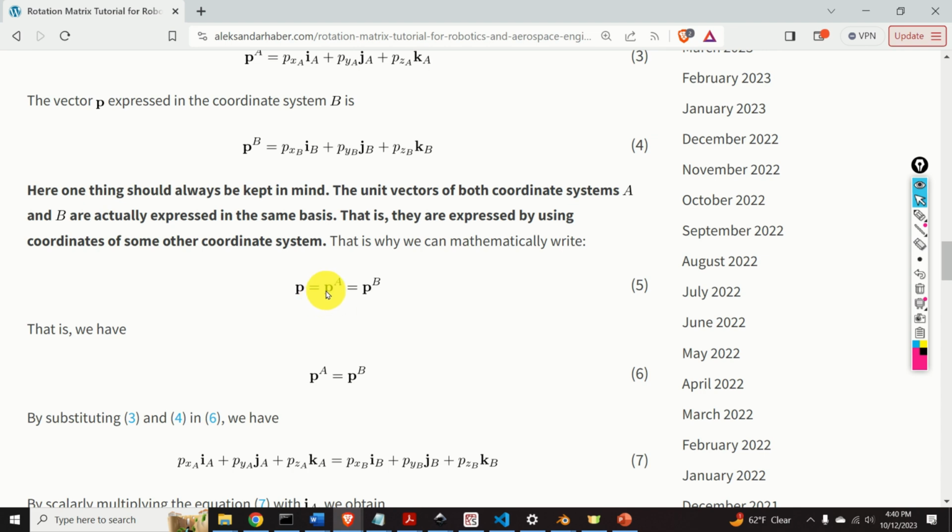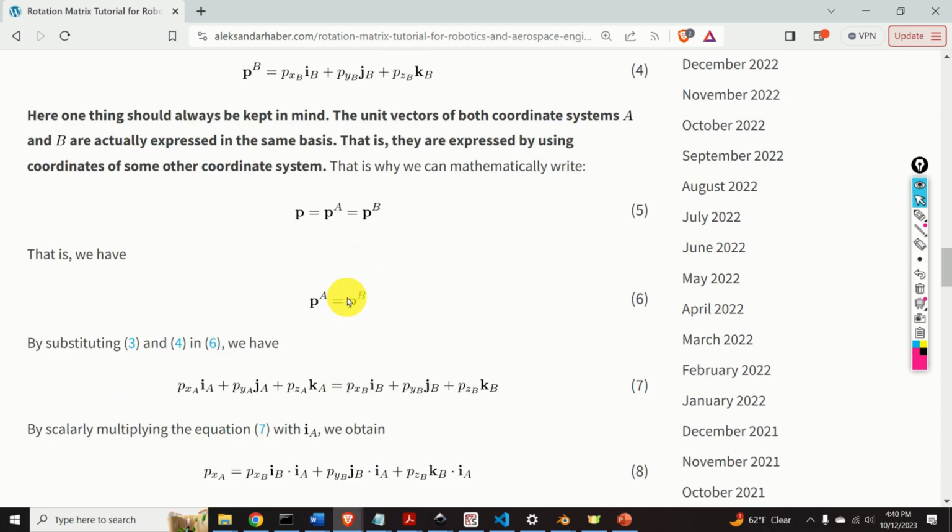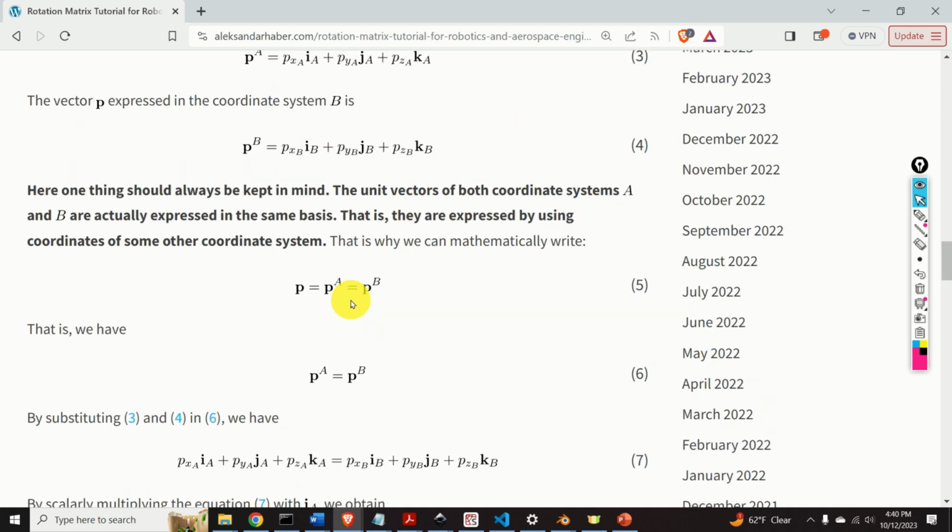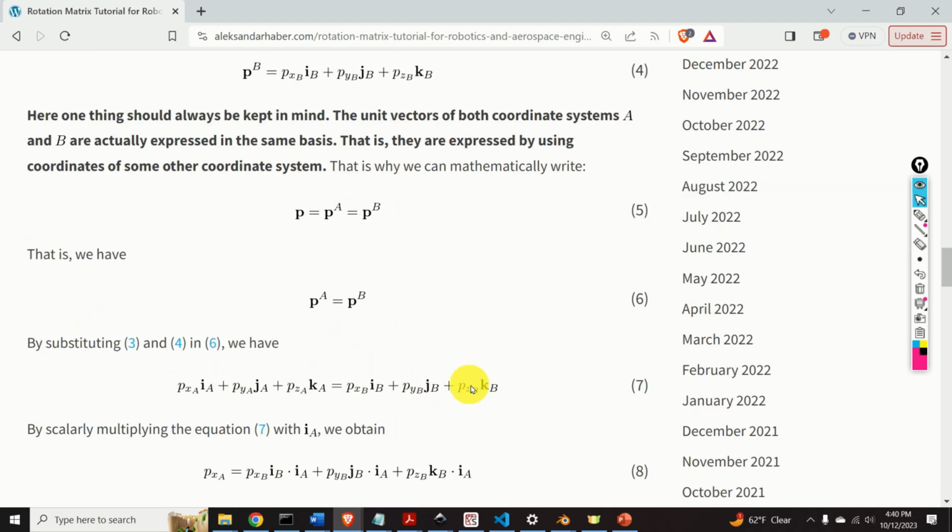P is equal to P expressed in A is equal to P expressed in B as a vector. From this equation, we obtain this equation. By substituting this equation and this equation in this equation, we obtain this equation. And this equation is very important.